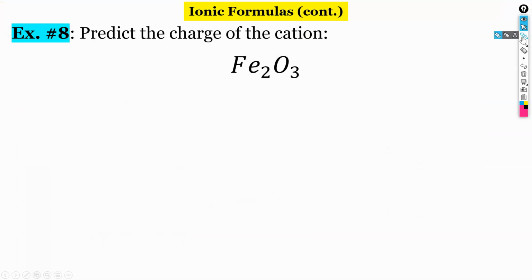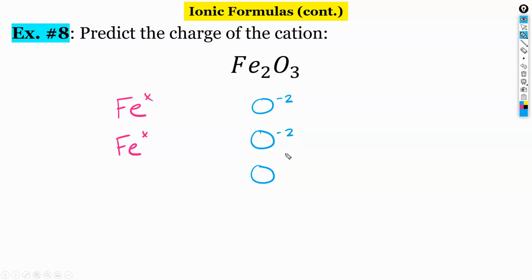So we've got iron and iron, we don't know what the charge is. And then we have oxygen, we have 3 of them. Oxygen has a charge of -2 because it's in group 6. So -2, -2, -2, that gives me a total of -6.